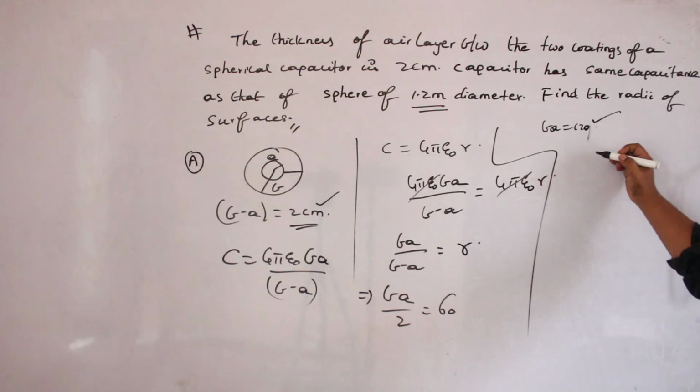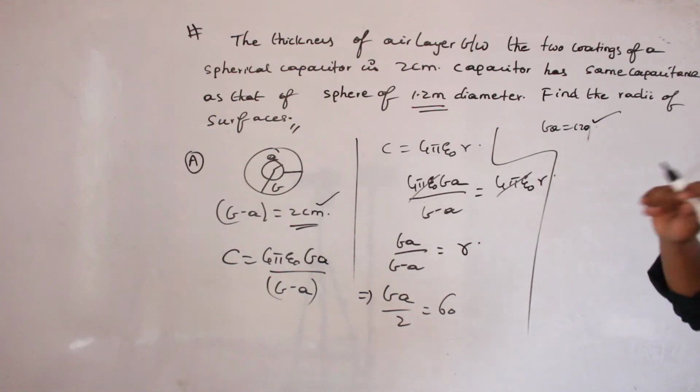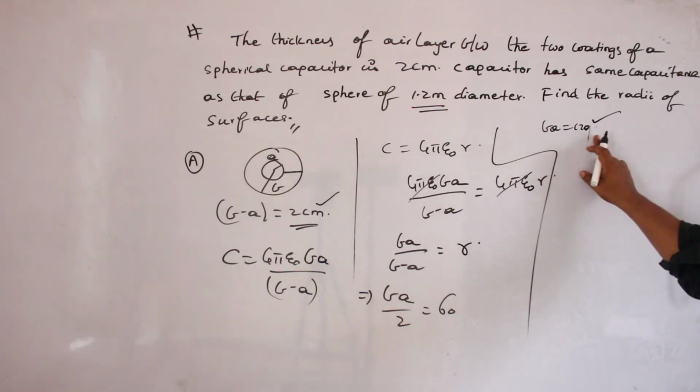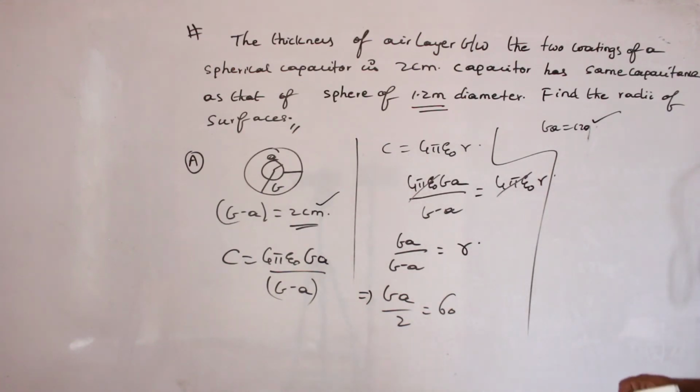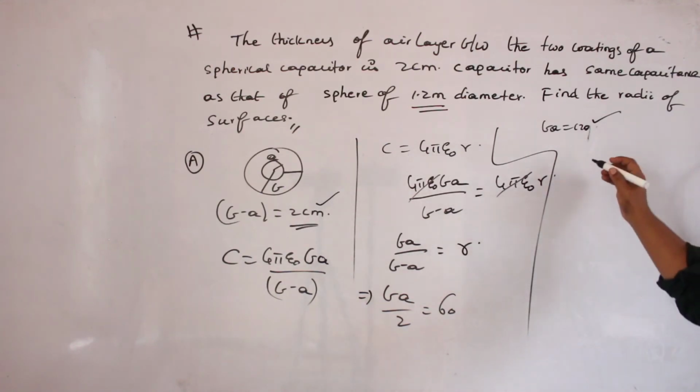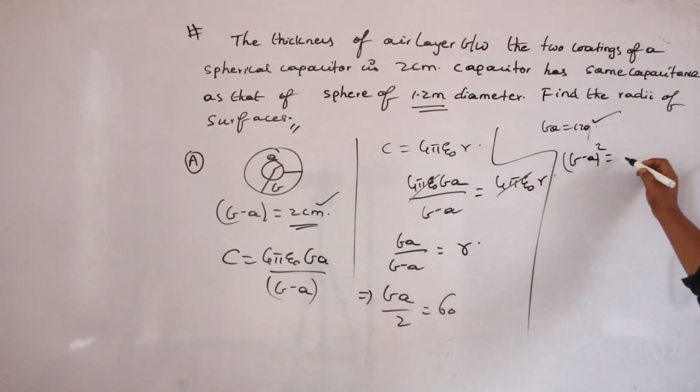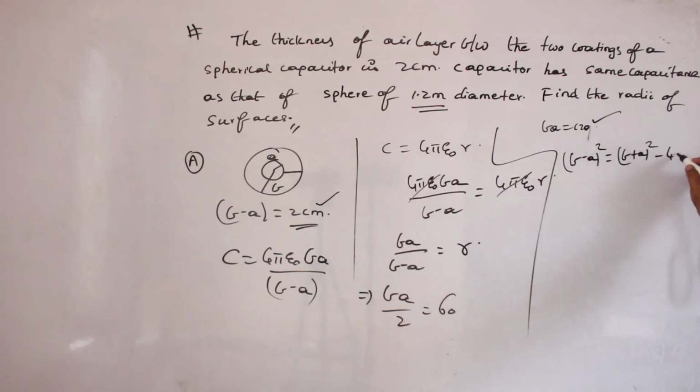So how can I calculate? a is equal to 120 by b, then I have to take LCM. Instead of that, what I can do? I can write b minus a whole square is equal to b plus a whole square minus 4ab.